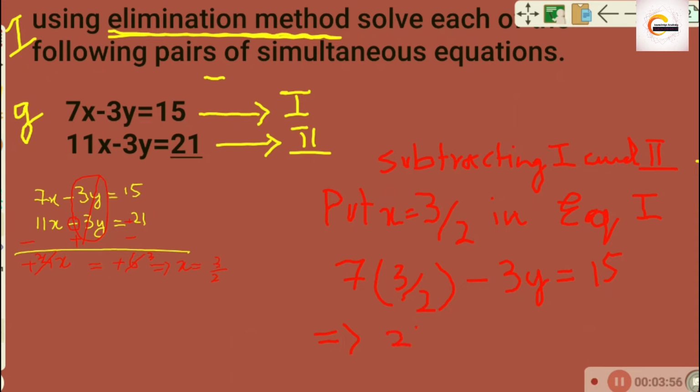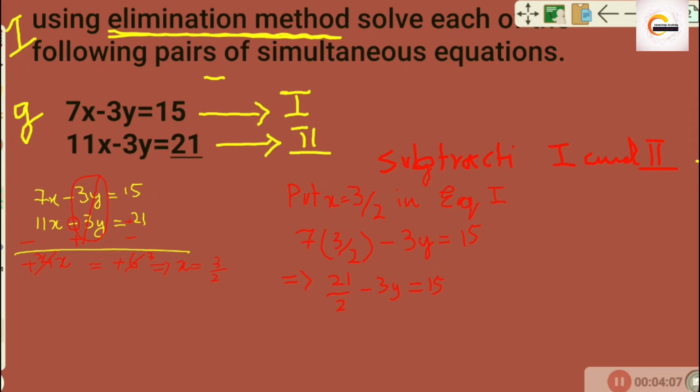21 upon 2 minus 3y is equal to 15. I will keep the variable on one side and numbers on the other side. So minus 3y is equal to 15 minus 21 upon 2.